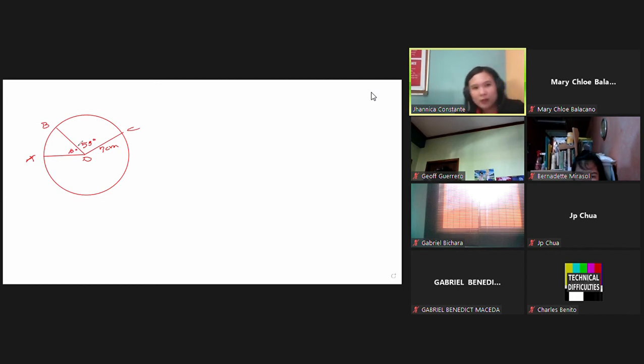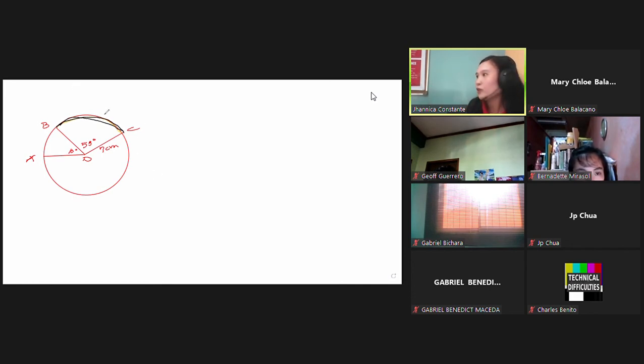So for example, those are the central angles given in the circle that we have. And we need to solve for the length of the arc BC. So we need to find the length of this arc.